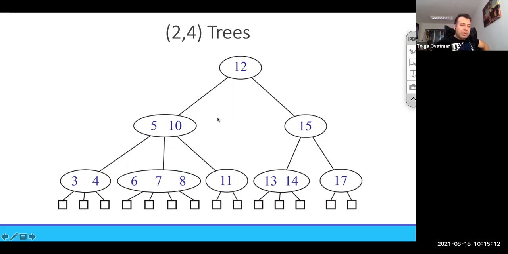Okay, so whenever you got a node, there might be at most 3 numbers in that node, and there might be at least one number, because having a node without a number doesn't mean anything. So you are going to have at least 2 children. So that's why it's called 2-4 trees. You at least have 2 descendants, at most have 4 descendants. So the number of descendants is between 2 and 4.